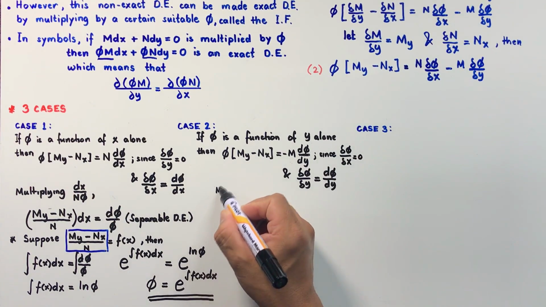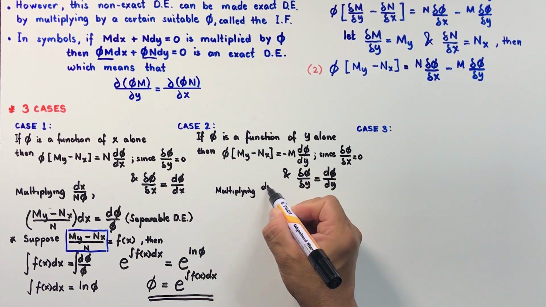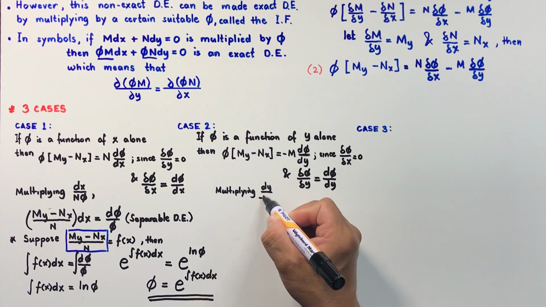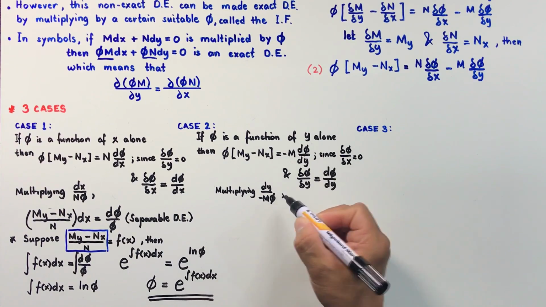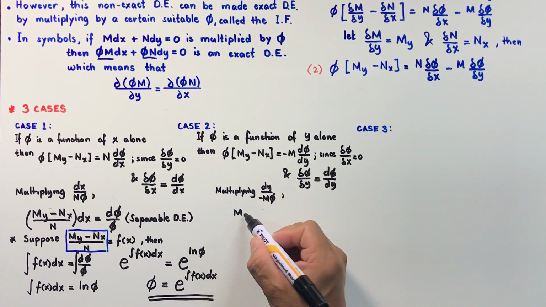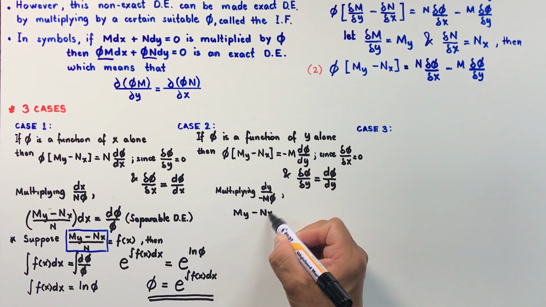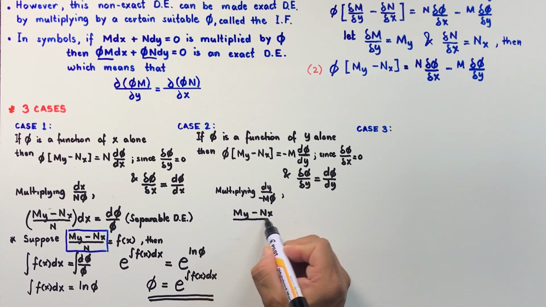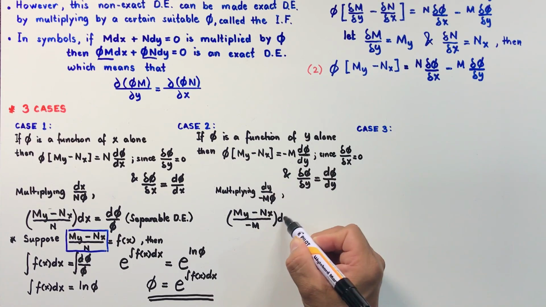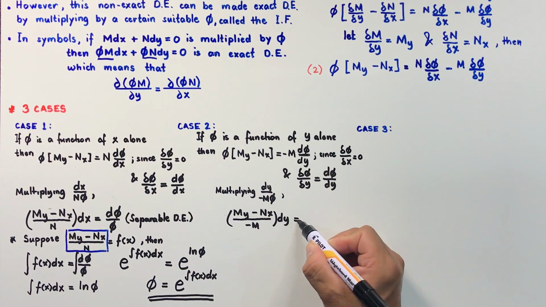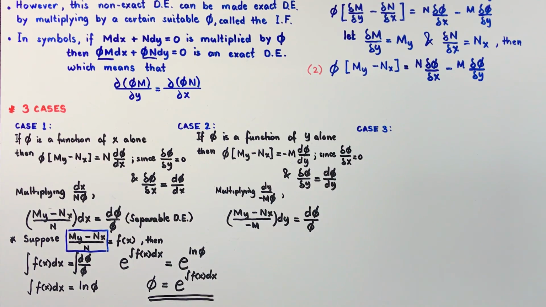So multiplying both sides of the equation by dy over negative M times the phi function, we have the partial derivative of M with respect to y minus the partial derivative of N with respect to x, divided by negative M, times dy, is equal to the differential of phi over our phi function.